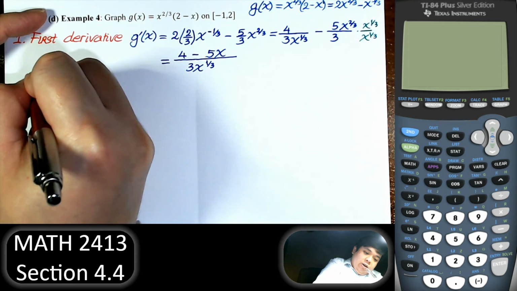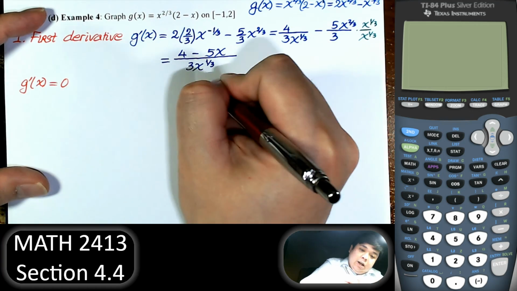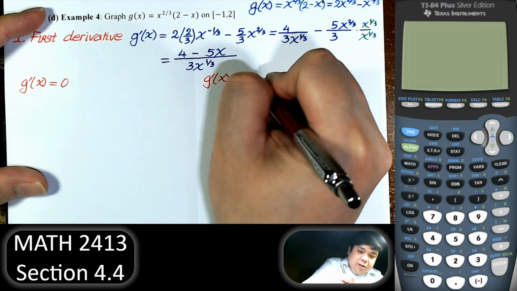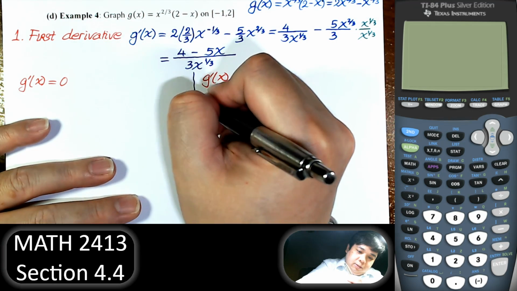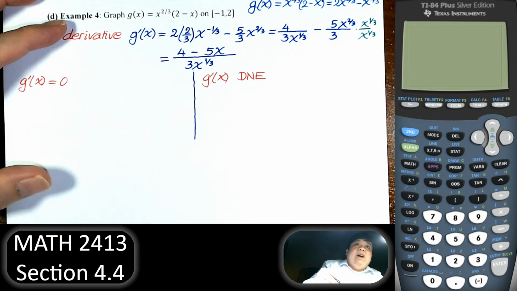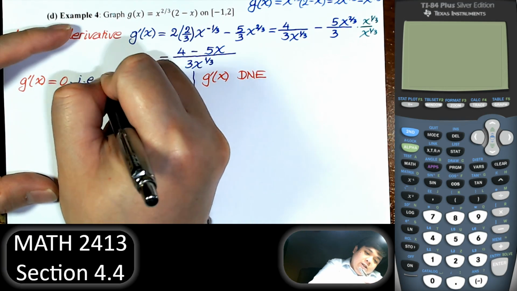Now, derivative equal to 0, derivative does not exist. We have a fraction, so derivative equal to 0 means the top is 0.